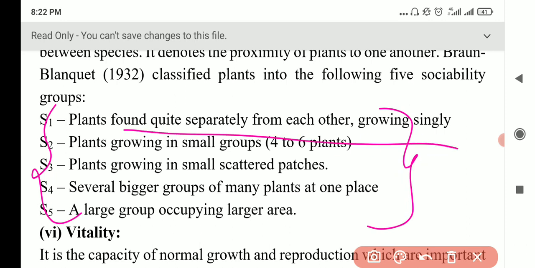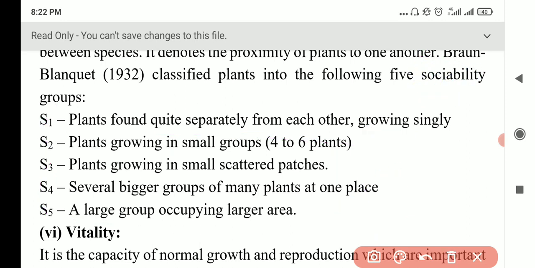S1 is separate from each other, only one plant in this entire place, then another hill, another plant. Then S2, small groups of maybe 2, 3, 4 or 6. Then S3, small scattered patches.